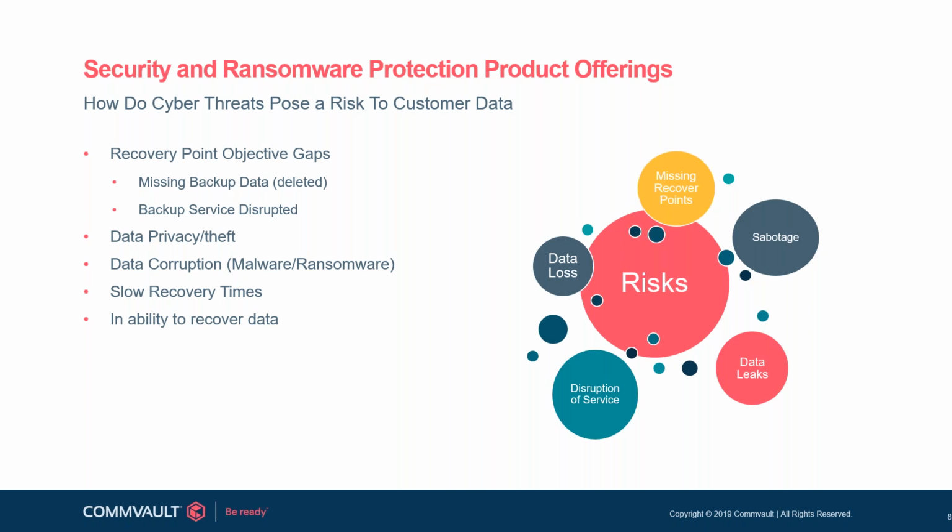It can result in data loss because maybe we don't have the full spectrum of recovery available to us. It may result in theft if the data has been able to leave the organization. Or broad spectrum corruption, where in a ransomware situation all of our data gets corrupted or encrypted and is not available.